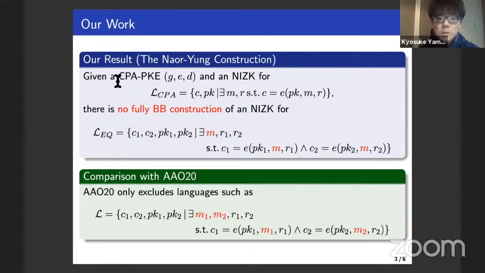Given these primitives, we showed there is no fully black box construction of an NIZK for this language LEQ. Actually, this NIZK is used in the Naor-Yung construction, and it proves that two ciphertexts are valid under given public keys, and they share the same plaintext.